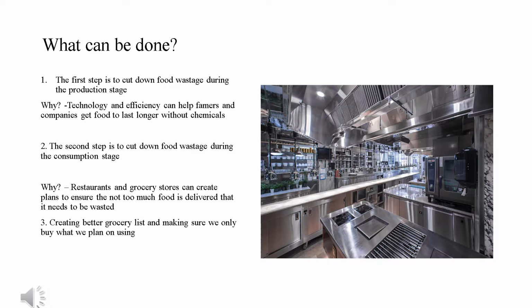In the first stage, technology and efficiency can help farmers and companies get food to last longer without chemicals, but also get it to consumers quicker. In the second stage, restaurants, grocery stores, and the food industry management can create plans to ensure that not too much food is delivered that it needs to be wasted.